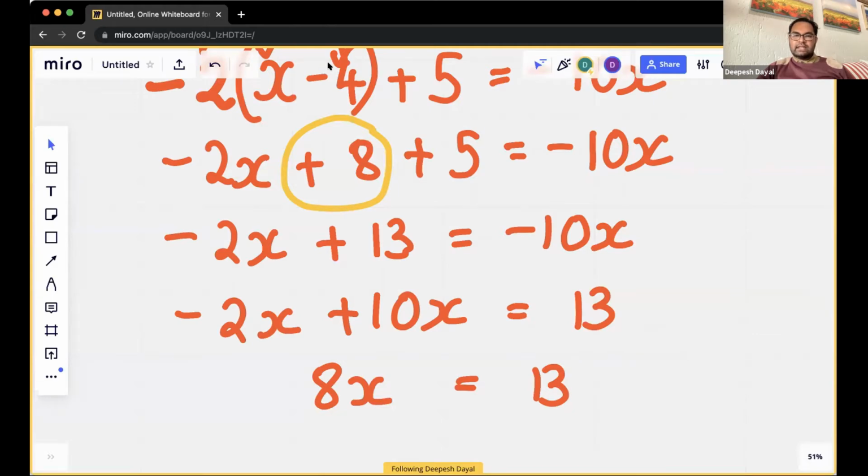I think that you didn't divide the 8 with the 13. Yes, we need to do that as well. Correct. Okay. But at this particular stage, what is not right about this? Something is not right at this particular stage.